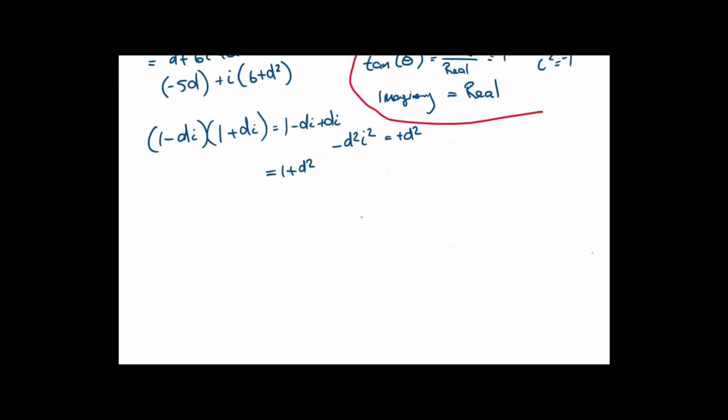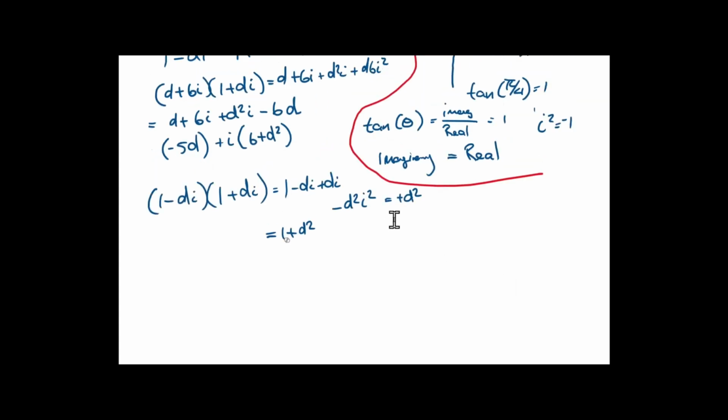Let's collect what we've got so far. We've got this thing at the top, minus 5d plus 6 plus d squared times i, over this thing. Now I'm going to separate that because these have the same denominator.